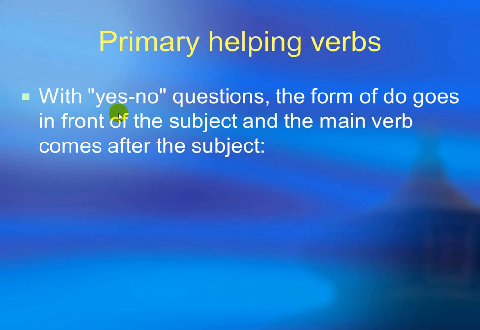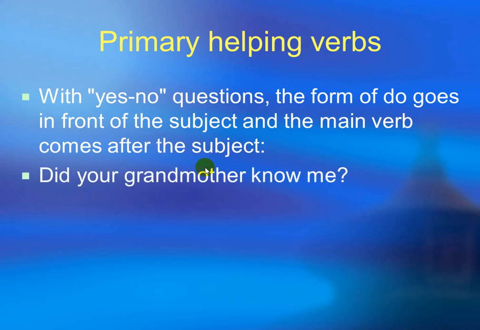The form of do goes in front of the subject، يعني استخدام do أو does أو did بيجي قبل الفاعل and the main verb comes after the subject. هنشوف الأمثلة. طبعا بنستخدم الفورم of do قبل الفاعل في بداية السؤال، زي الجملة دي: did your grandmother know me. طبعا did هي helping verb، your grandmother is the subject، و know هذا المين verb الفعل الرئيسي.